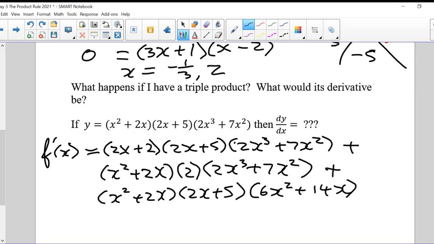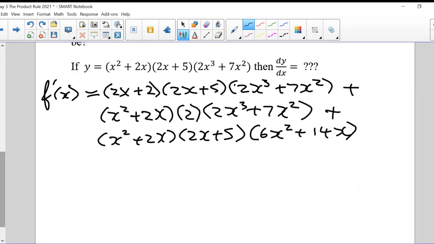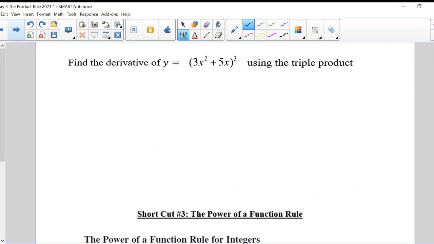So that's what we call a triple product. You're multiplying three terms, and this could get really messy. There's another shortcut coming up though, but before we get to that shortcut, I'm going to show you why that shortcut makes sense. What if it was a triple product, but it was a cube, meaning a triple product where all the terms are the same?